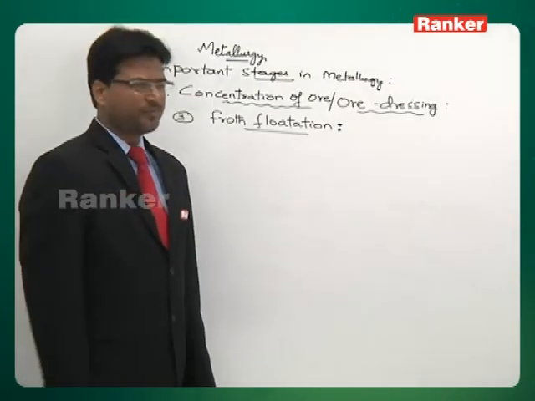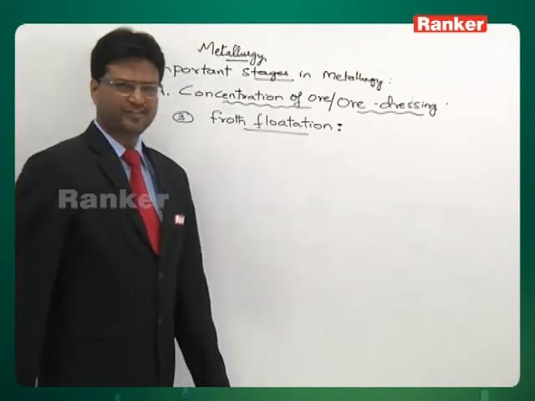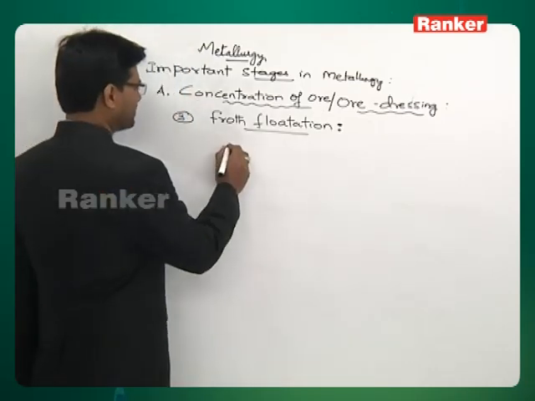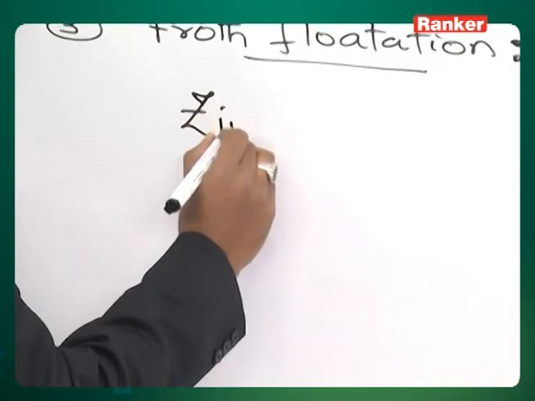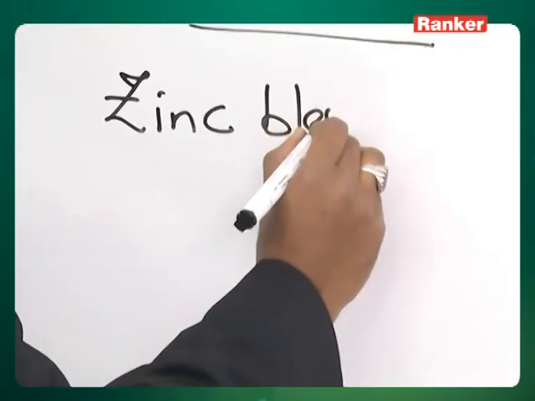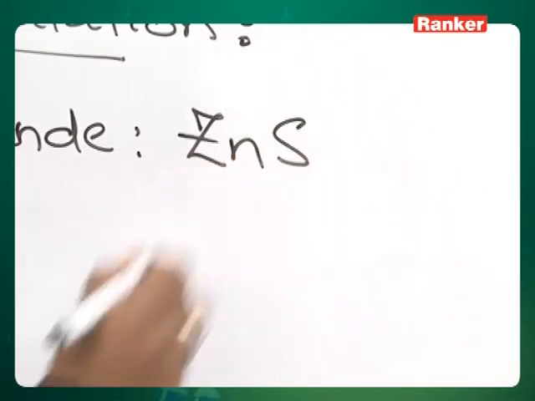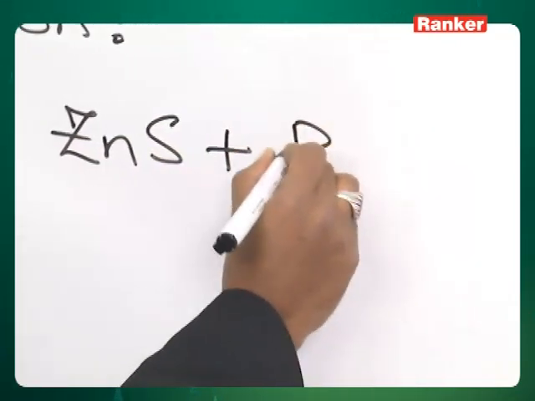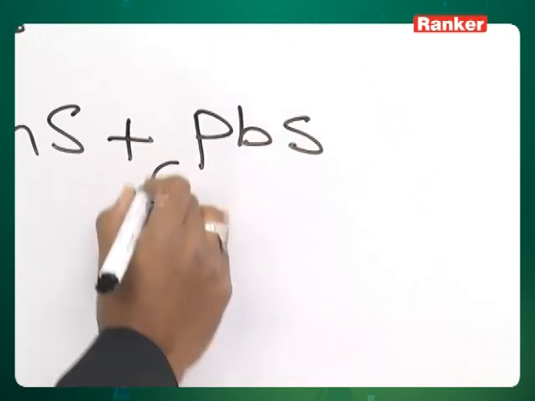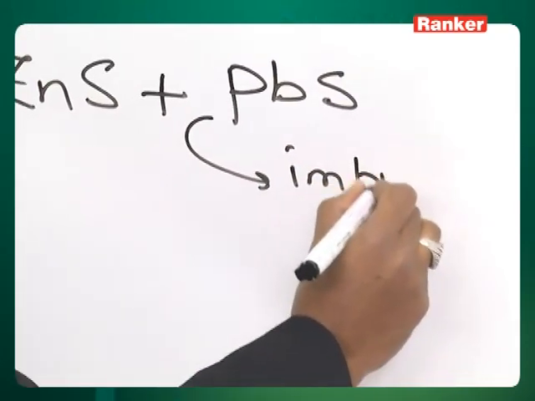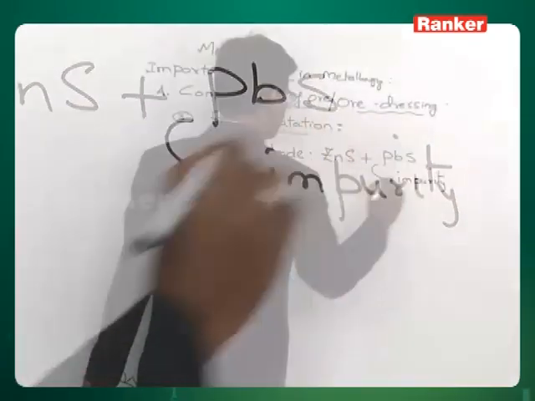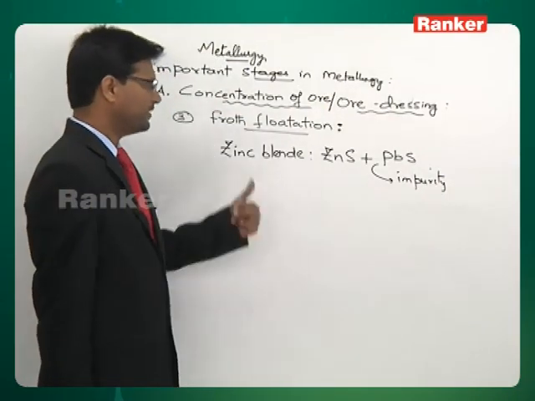I would like to add one more piece of information regarding the froth flotation technique. Look at this. An important ore of zinc is zinc blende. Zinc blende chemically contains ZnS and here PbS is present as an impurity. This is the impurity present in zinc blende.